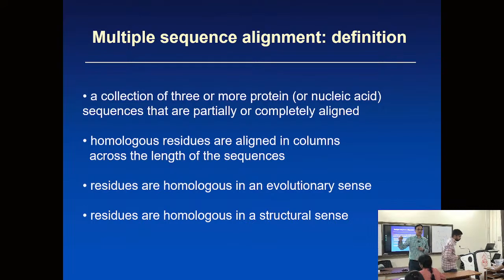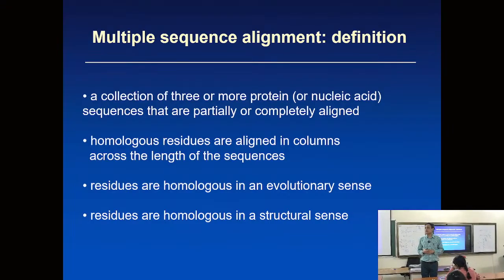The aligned residues in a column are homologous in a structural sense, and could be homologous in an evolutionary sense or a functional sense. They could be conferring similar or related functions.